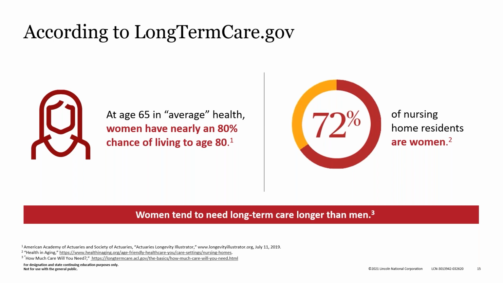On average, men need care about 2.2 years, women about 3.7 years. So a good baseline number is about 3 years if we're doing some planning. Certainly if they've had a history of Alzheimer's or another form of dementia, plan on 3 to 4 years or even longer.